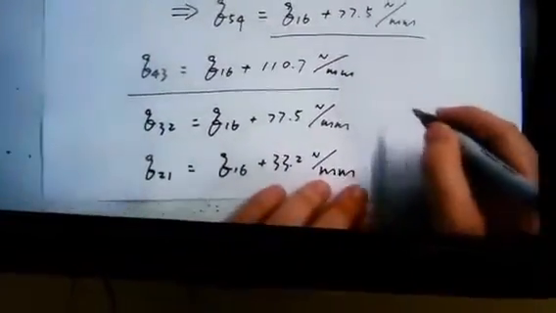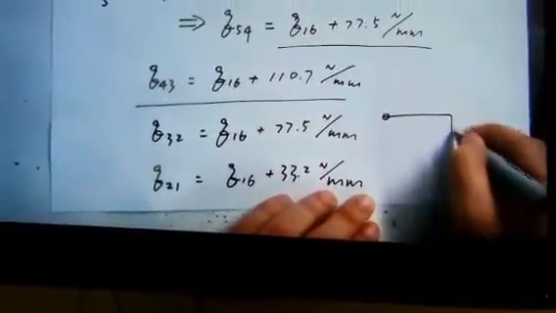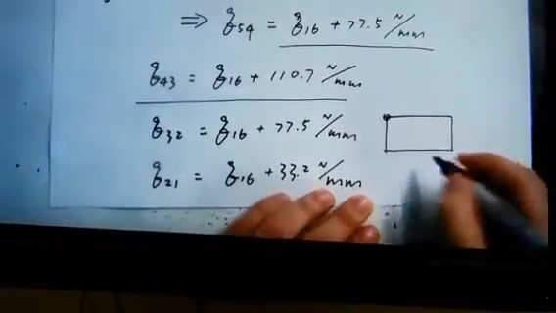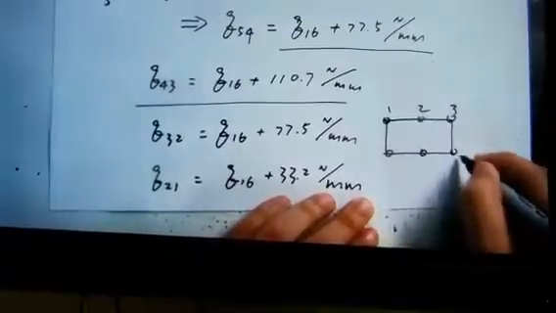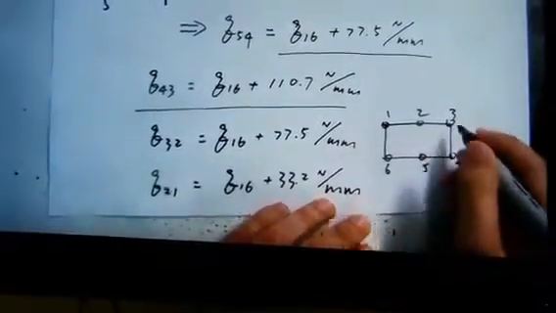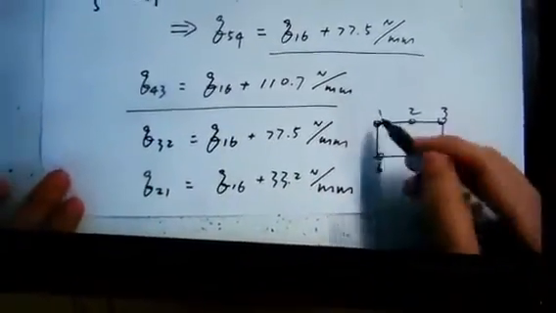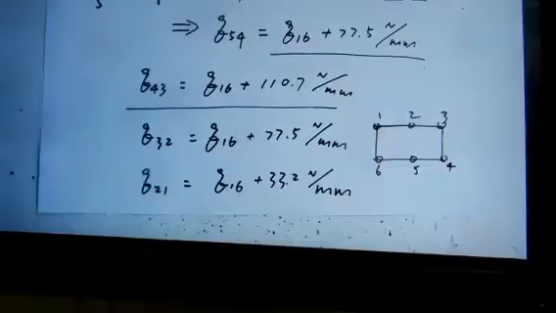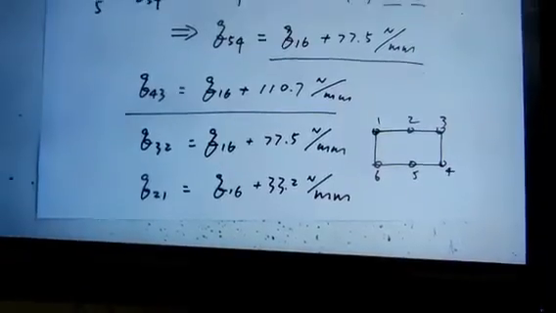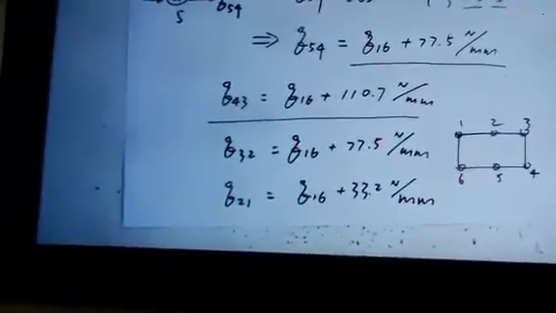So when we look at this cross section again, 1, 2, 3, 4, 5, 6. Right. So all of the shear flows in the section are written as a function of Q16. So this is the unknown. 65 is the first line.